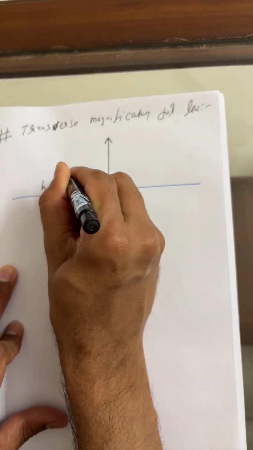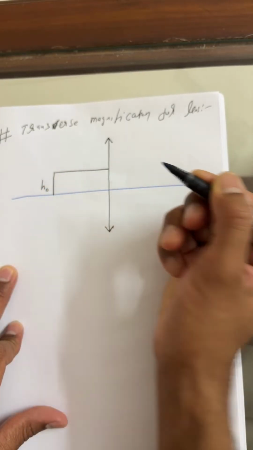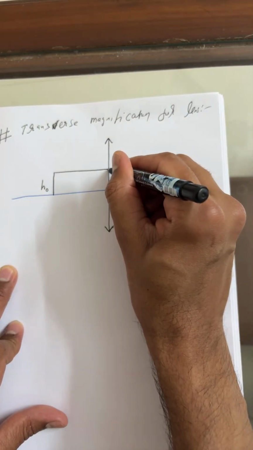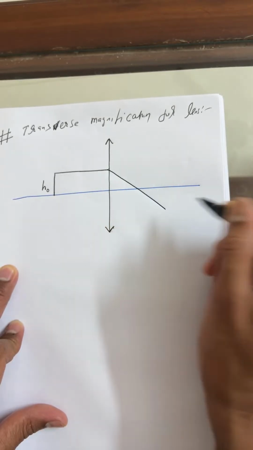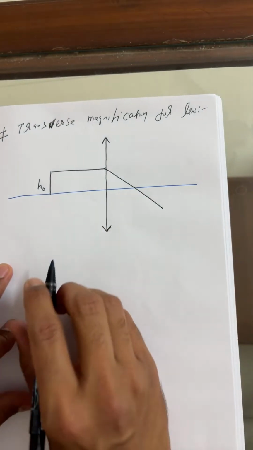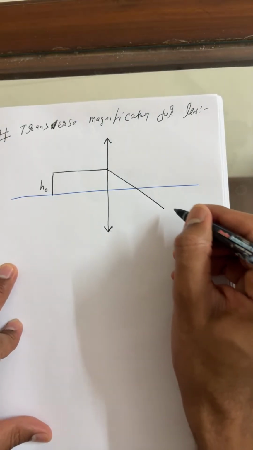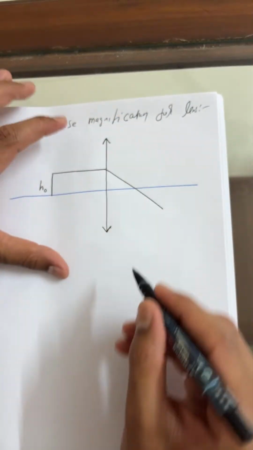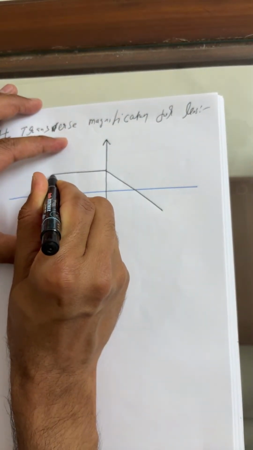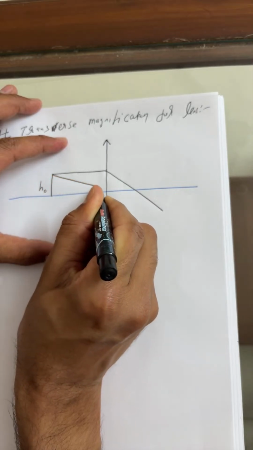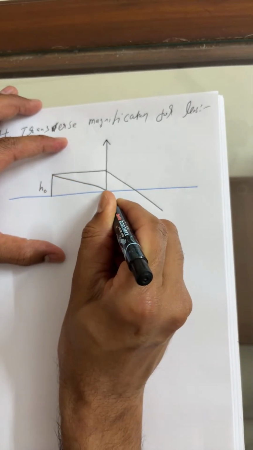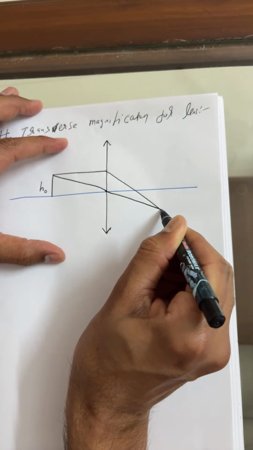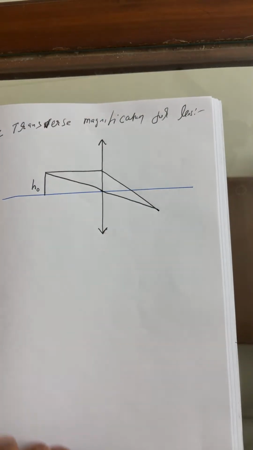So if ray is coming parallel to principal axis, then ray finally passes through focus only. Another one more ray I want here. If ray passes through the pole, then ray can cross the pole without deviation. I hope all of you remember these points also.